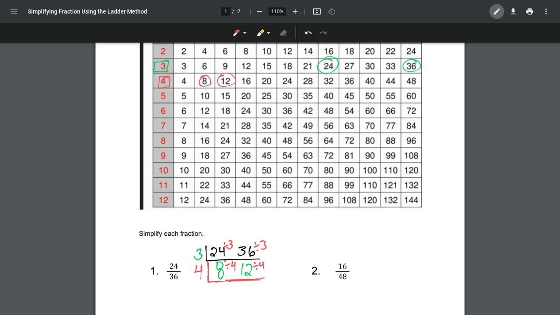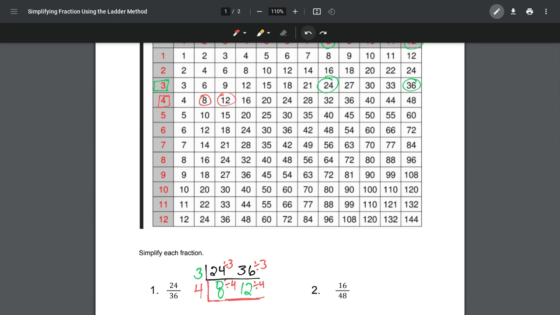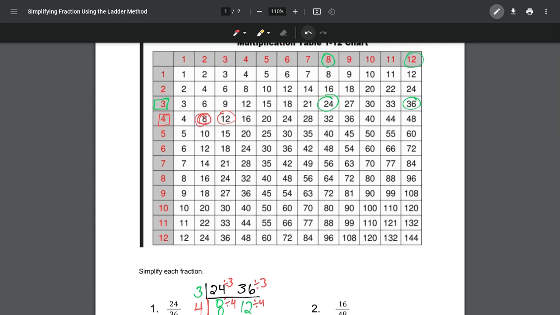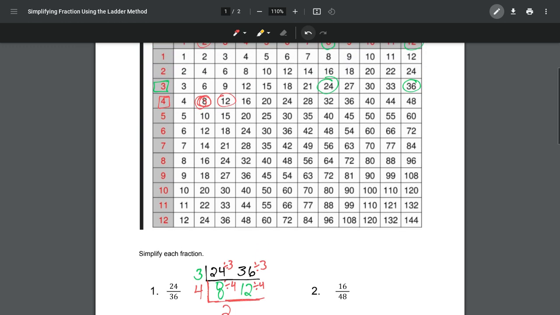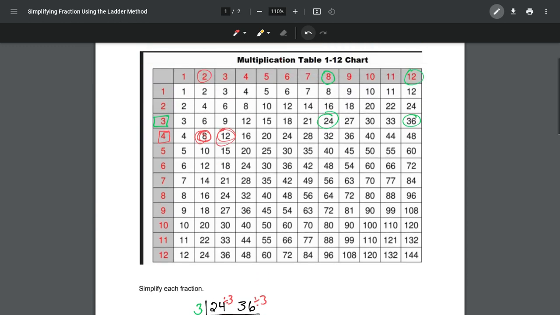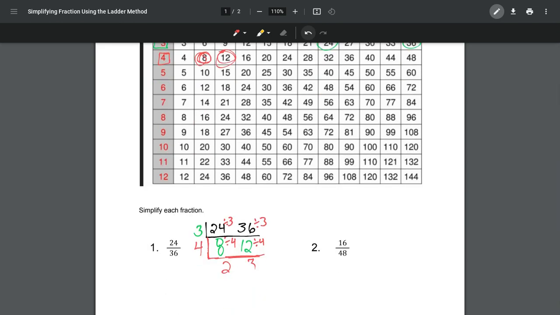You're going to divide by the number that's out here. So 8 divided by 4 is 2. If you're not good with that, go back and find 8, and that was 2. 12 divided by 4 is 3, so go back and find 12 in that row, and you go up, and that's 3. But if you're good with multiplication and division, you don't need any of that.